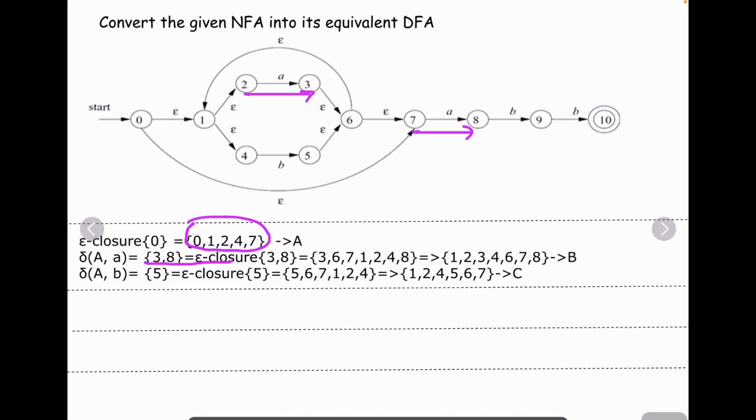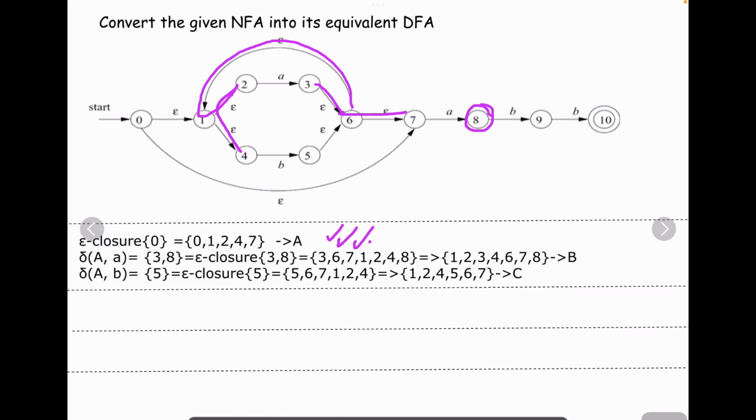E-closure of 3 is 3, 6, 7, 1, 2, 4, and the E-closure of 8 is 8 only. So it is 1, 2, 3, 4, 6, 7, 8; you have to rearrange them. Which is not equal to A, so I can give one more name for it. Then delta of A comma a is over.